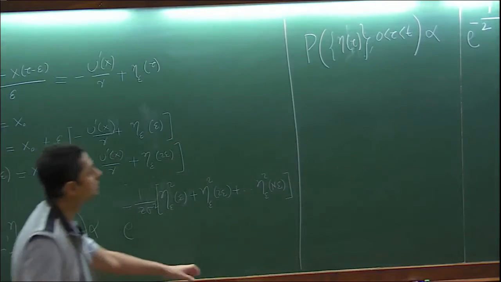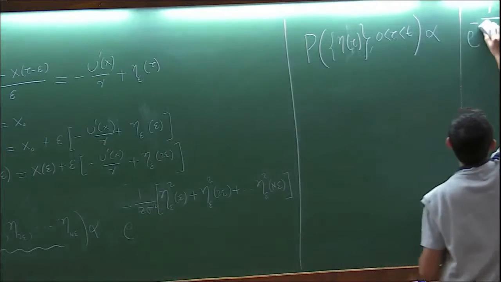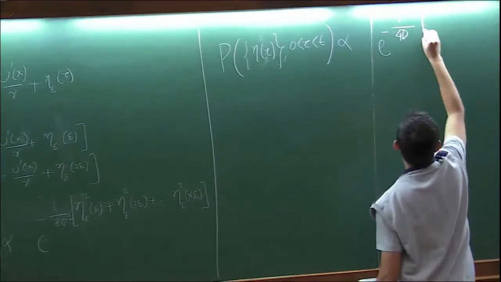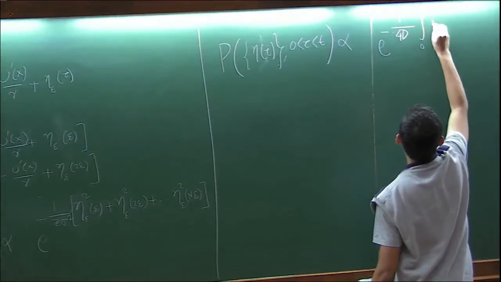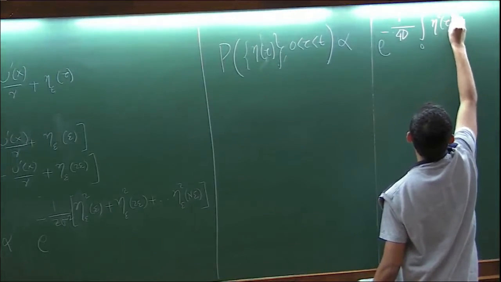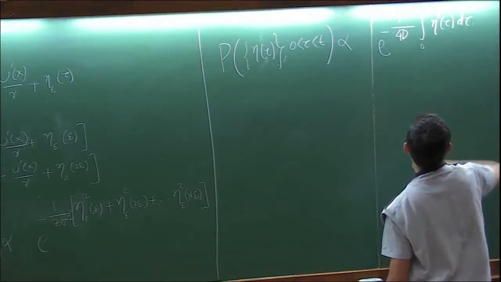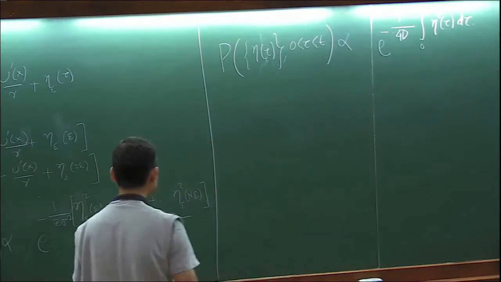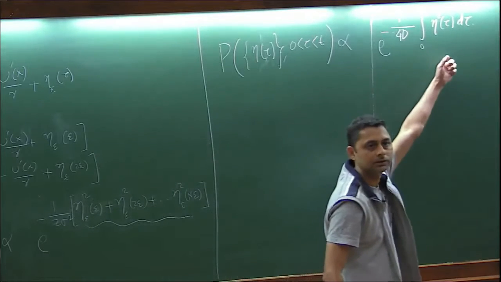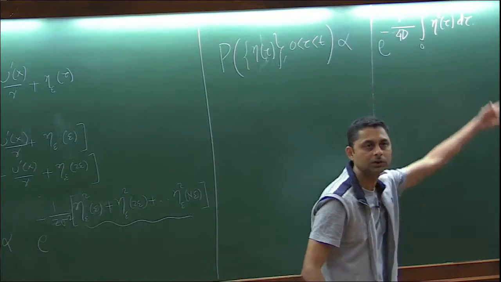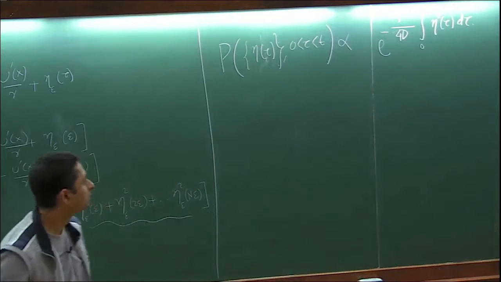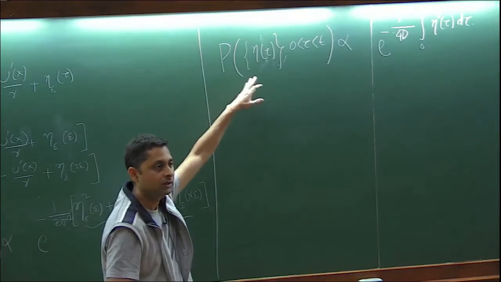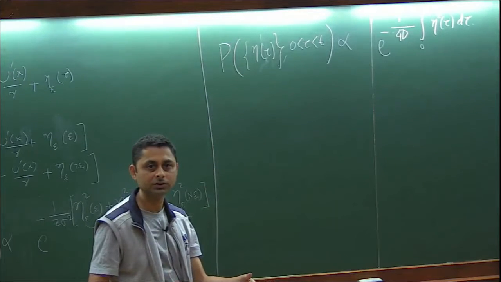So this is 4D, integral 0 to t, eta square tau. So this sum has become this integral, right? This gives me the weight of a given noise realization.